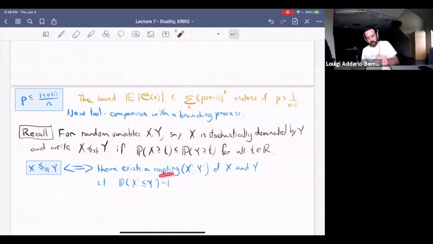A coupling of them means there's a way to define random variables with the same distributions as X and Y, but on the same space, and such that X' is almost surely at most Y'.